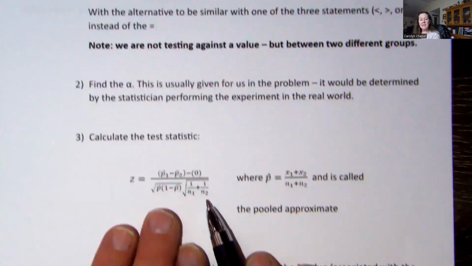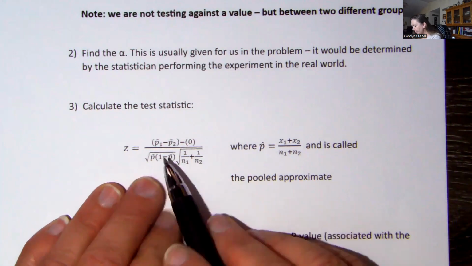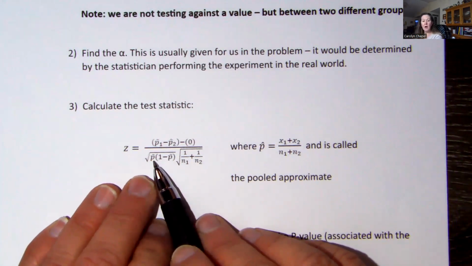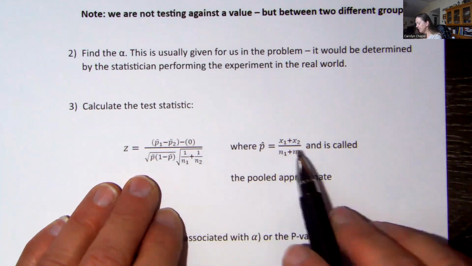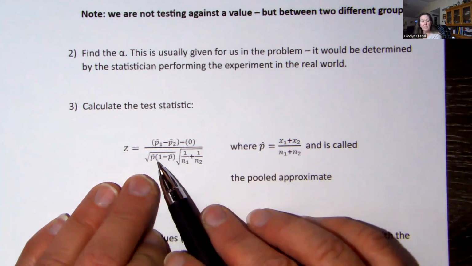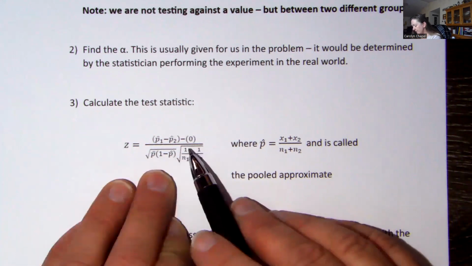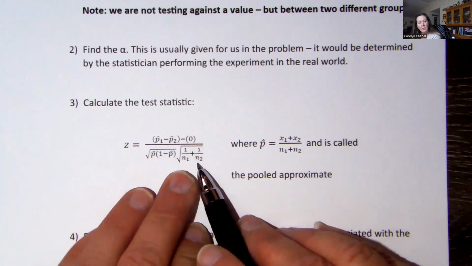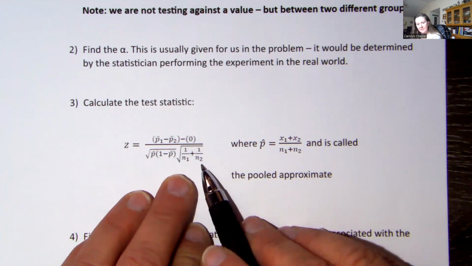All right. The denominator looks a little bit ugly, but we do create what we call a P hat, which is called our pooled approximate. So this is kind of like a pooled proportion, and that's the piece that shows up in our bottom here. So it's a P hat, 1 minus P hat, and then we have this other square root of 1 over N1, sample size of the first one, plus 1 over N2, sample size of the second.